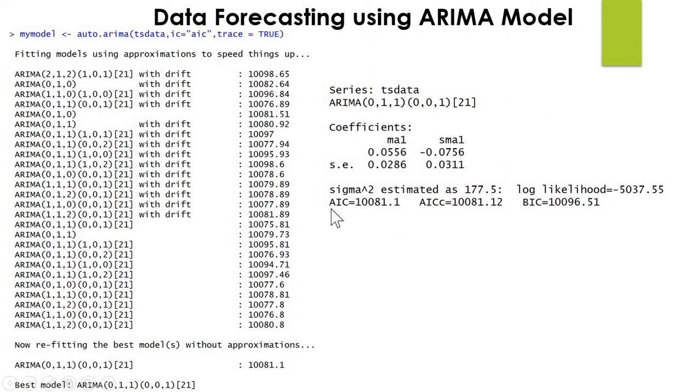The AIC and the BIC values are lowest from all of these possible models, which makes this the best model to choose.